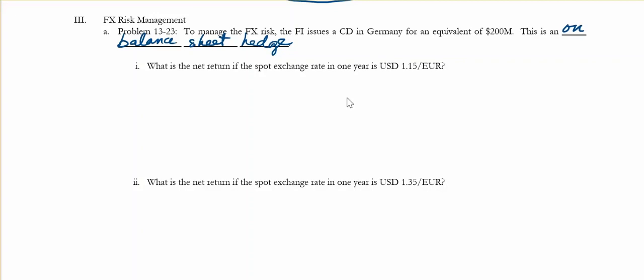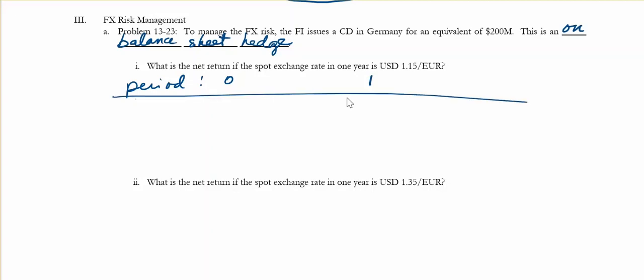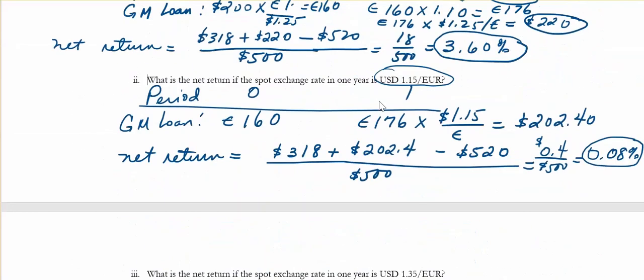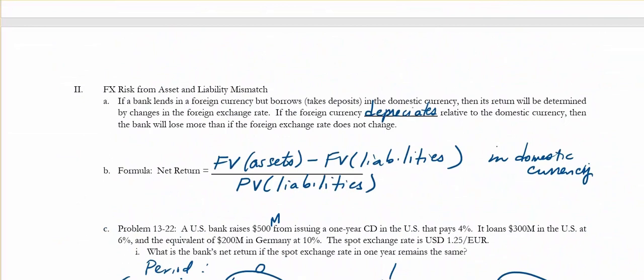So remember we saw that if the euro went down like this, it was bad. Well, now we have a US deposit, so we won't rely so much on deposits in the US. We'll only raise 300. The interest rate in the US for deposits was 4%.